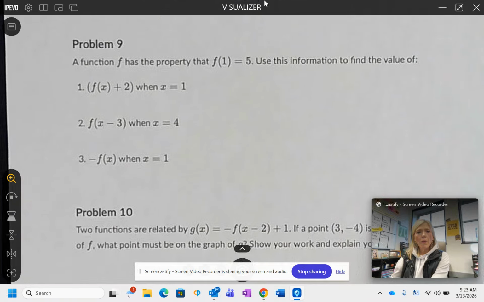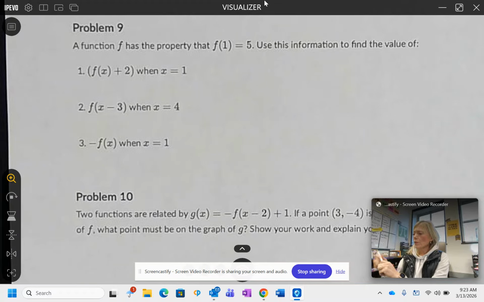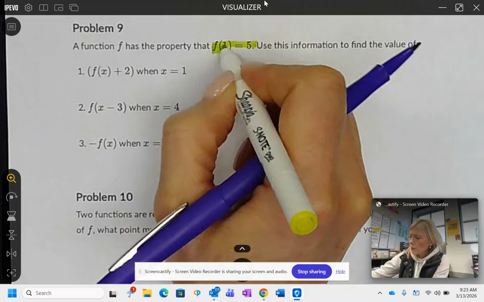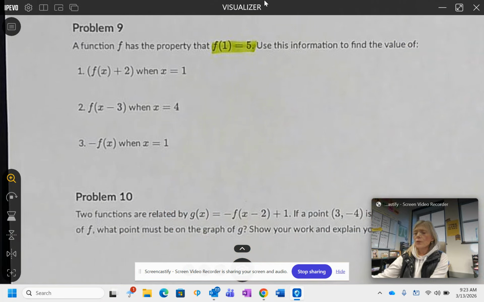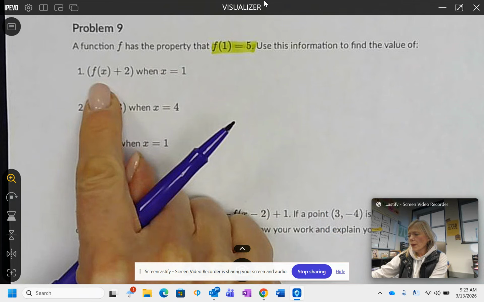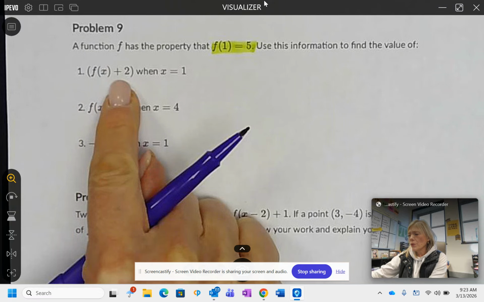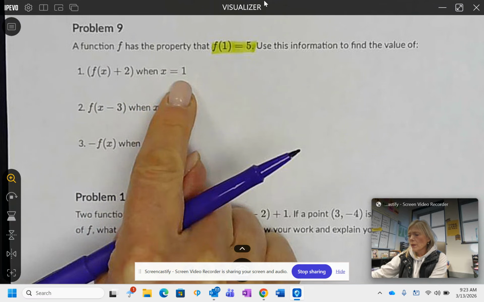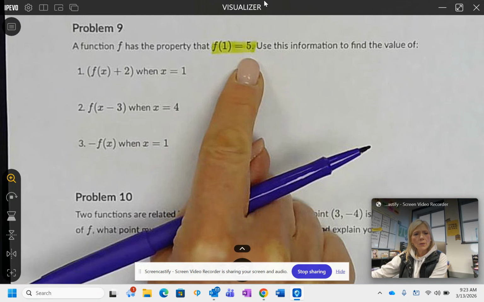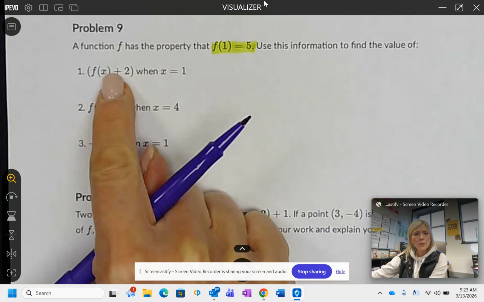Okay, problem 9. All of these questions stem from knowing that f of 1 is equal to 5. So we have to find some values using this as our starting tool. So f of x plus 2 when x equals 1. If we know f of 1 is equal to 5, this is telling us x is 1.